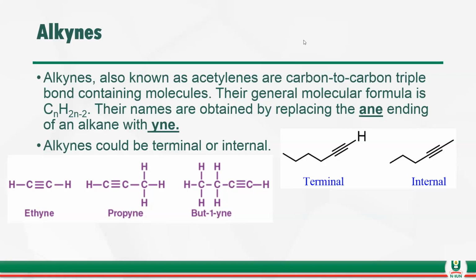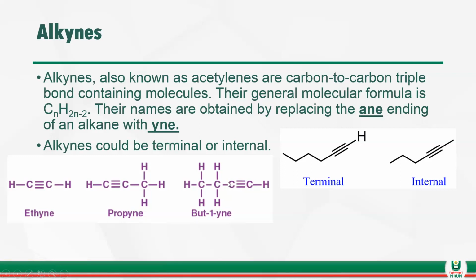So if you look at the first one here, which is ethyne, you can see it's just a carbon-to-carbon triple bond. Nothing happens. So there is no other place this triple bond could be. The same thing happens here. If you move it to this place, it's still the same thing. Then, however, from the 4-carbon alkyne, if you remove this triple bond here and put it in this place, okay?